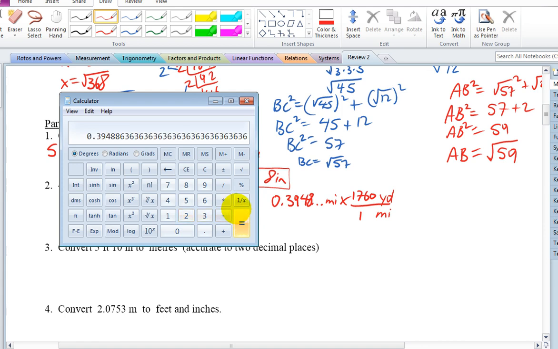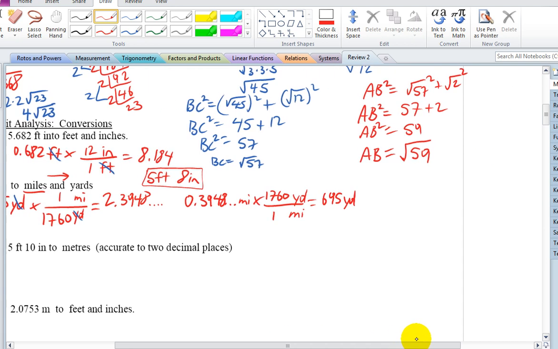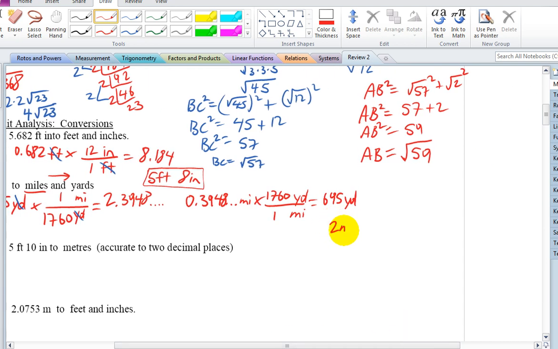It's exactly what you want. So then I just go times 1760. And it's 695 yards. So my full and complete answer then is 2 miles, 695 yards. Okay.